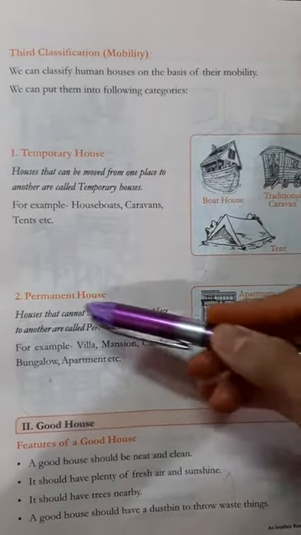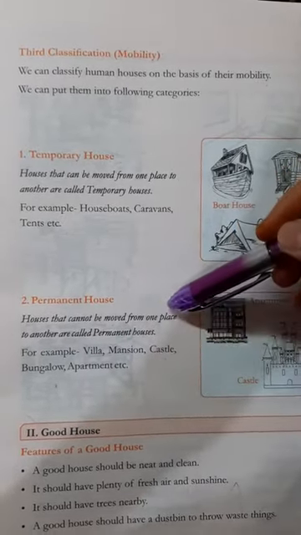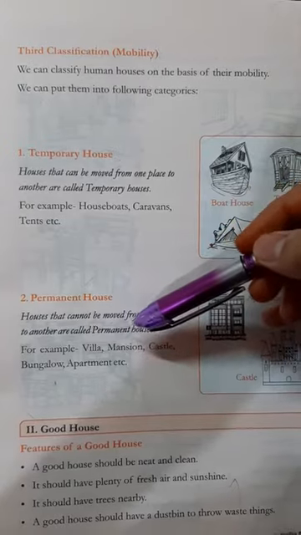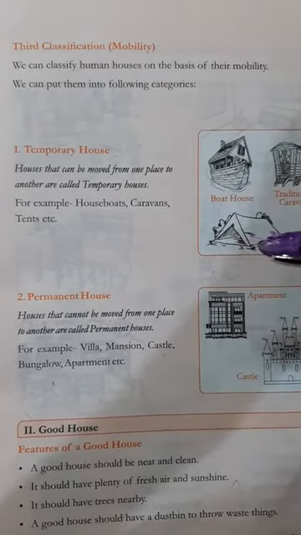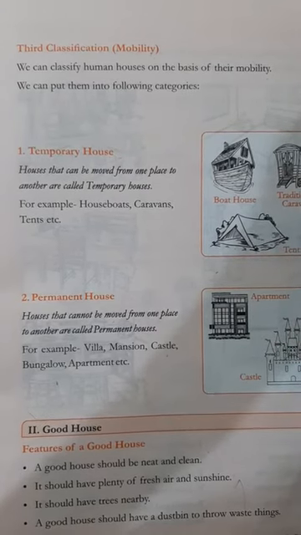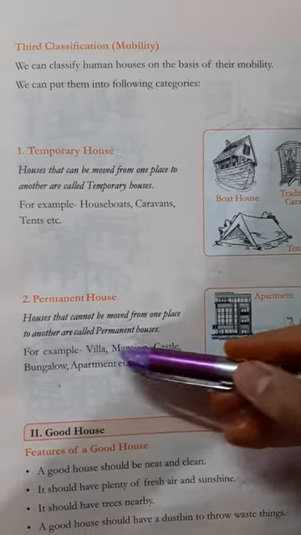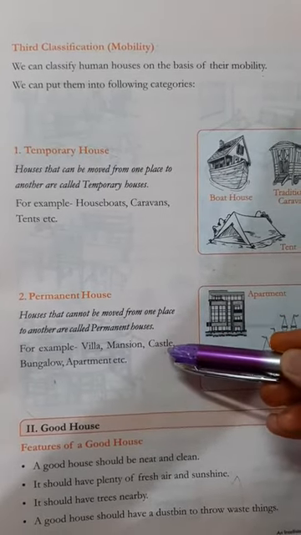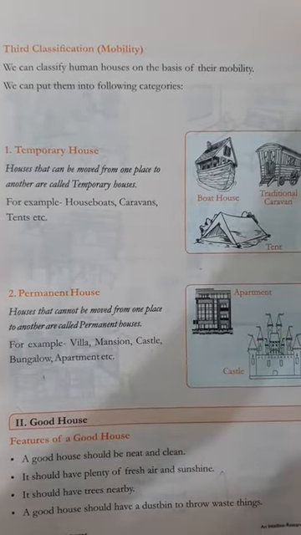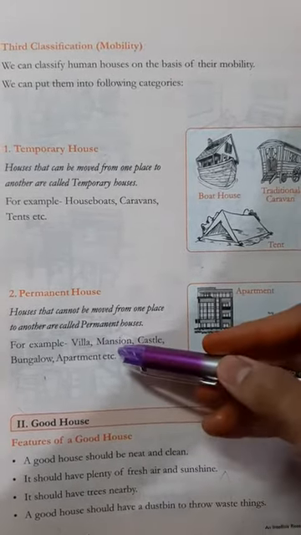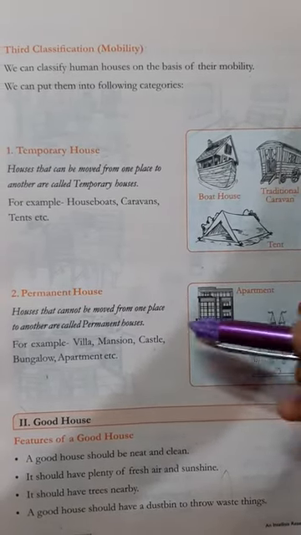Now the second, permanent house. The houses that cannot be moved from one place to another are called permanent houses. Like your house, it cannot be moved. For example, villa, mansion, castle, bungalow, apartment, etc. Villa, mansion, very large houses.